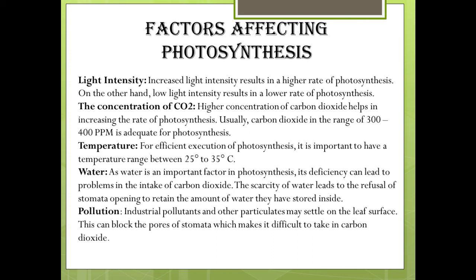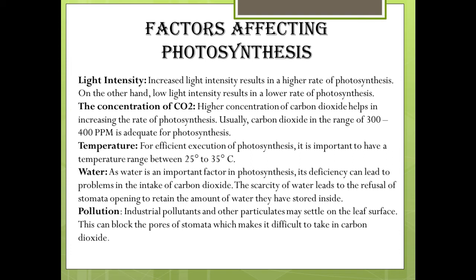Now, factors affecting photosynthesis. First is light intensity. If we have more light in an area, then we have a higher rate of photosynthesis, and if we have low light, then the rate is low. Then concentration of CO2. A higher concentration of carbon dioxide helps in increasing the rate of photosynthesis.